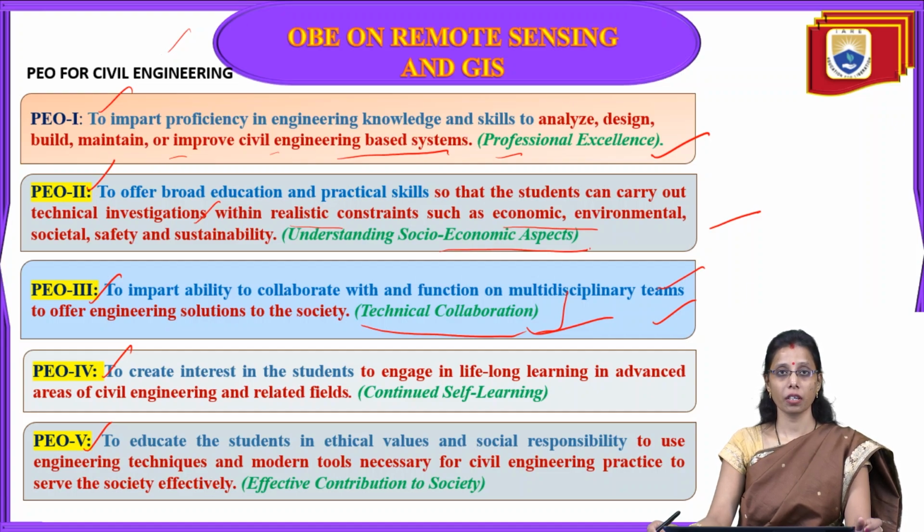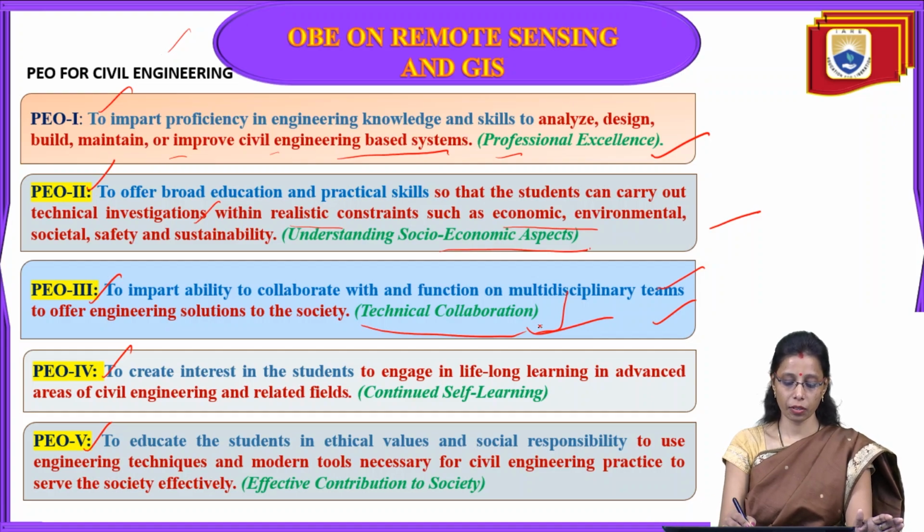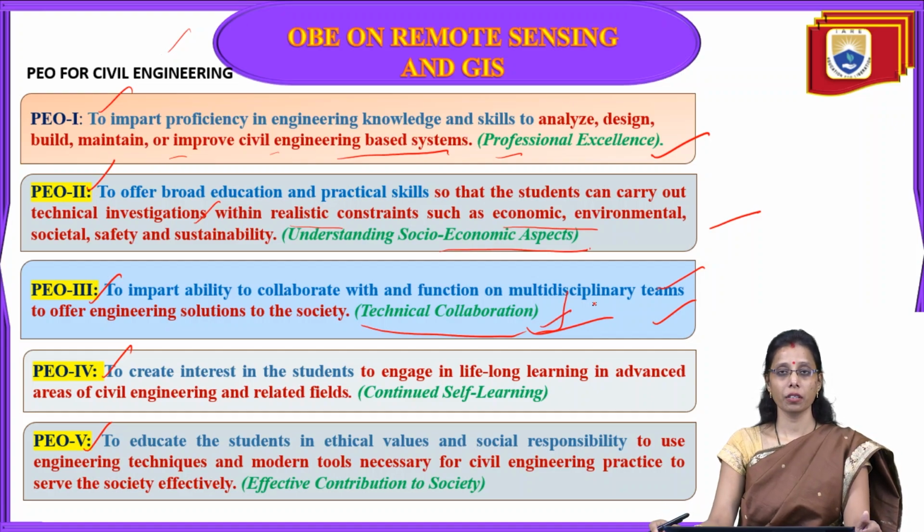Technical collaboration is required to offer engineering solutions to society. This PEO3 is totally based on the technical collaborations happening with different companies and different multidisciplinary teams. Okay, so PEO4.